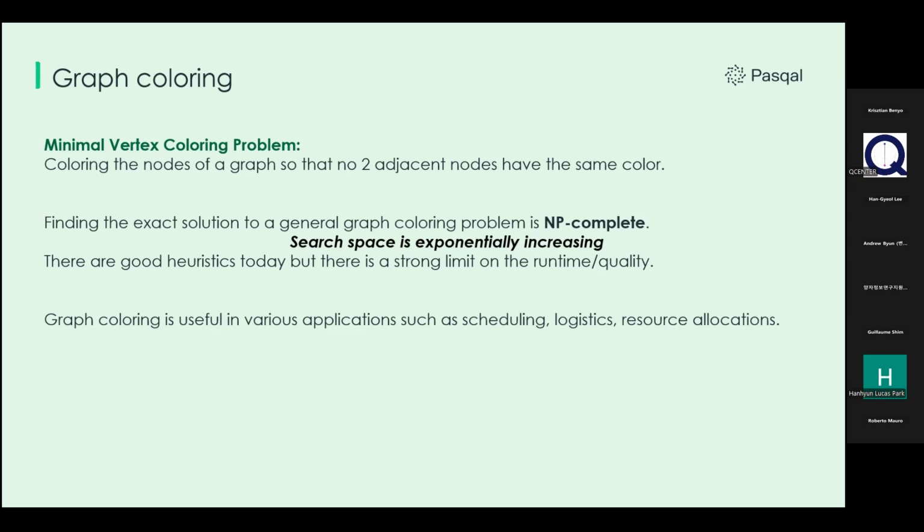This would obviously satisfy the constraint that if there is an edge, the nodes connected by the edge cannot have the same color. However, that's why the minimal vertex coloring exists, to keep the number of colors used as low as possible.